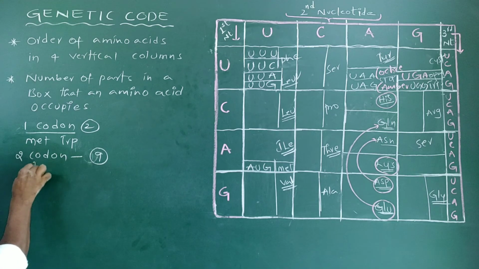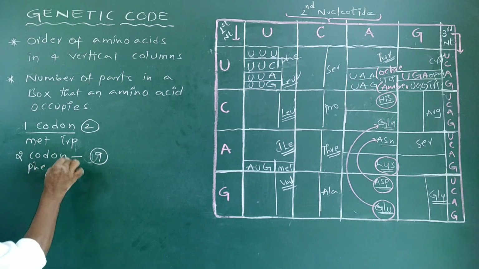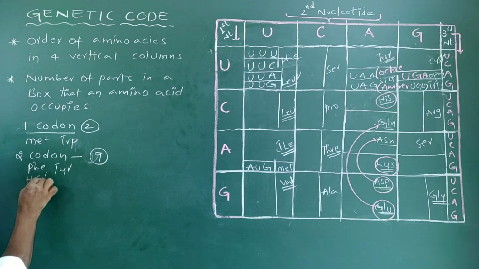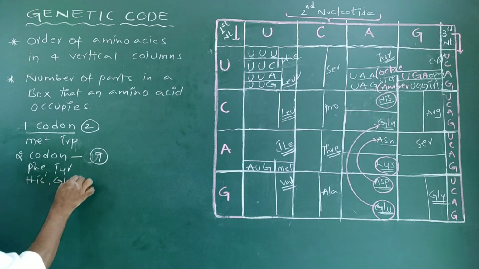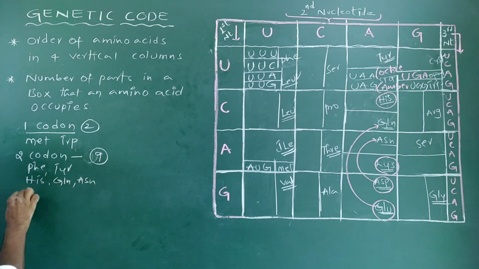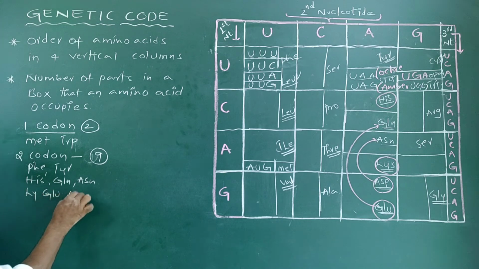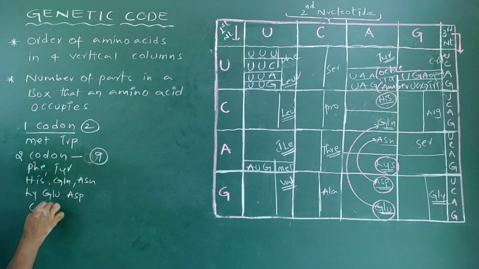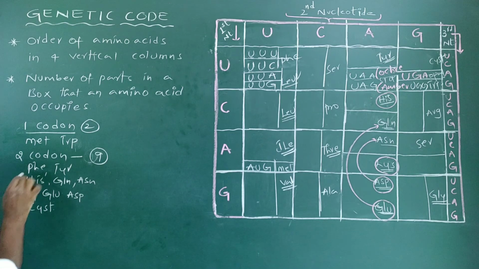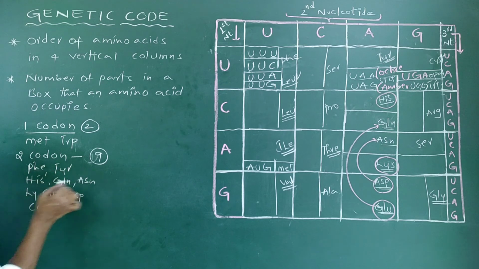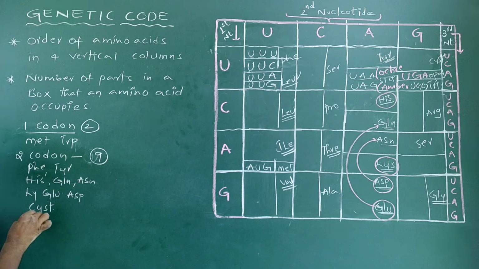Those are phenylalanine, tyrosine, histidine, glutamine, asparagine, lysine, glutamic acid, aspartic acid and cysteine. How many are here? 1, 2, 3, 4, 5, 6, 7, 8, 9.